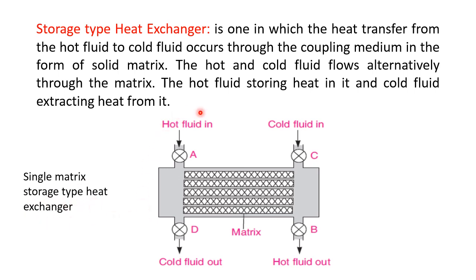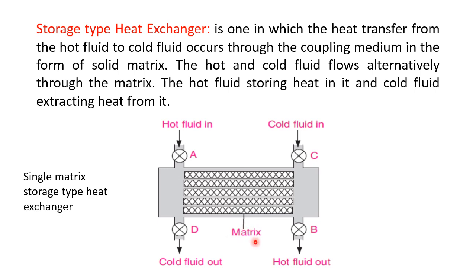So this is the sketch of the storage type heat exchanger. In this sketch you can see the marks inside. These are nothing but the matrix. It is a porous matrix.